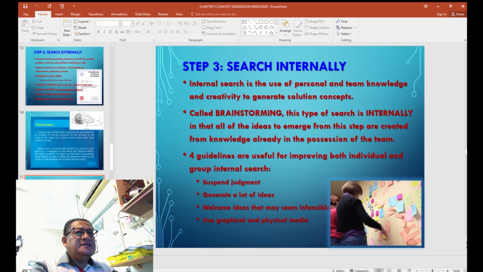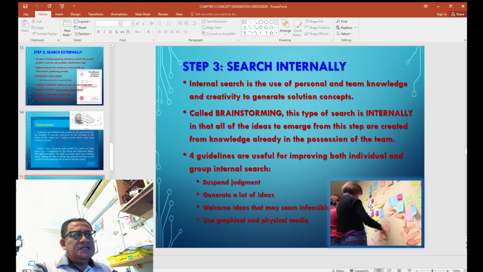If you don't want to search for patents, then you could clarify your problem to develop the new product by searching internally, within your own organization, among your own staff and employees. So in this way, normally to solve the problem, you call a session of meeting, and we call it brainstorming.